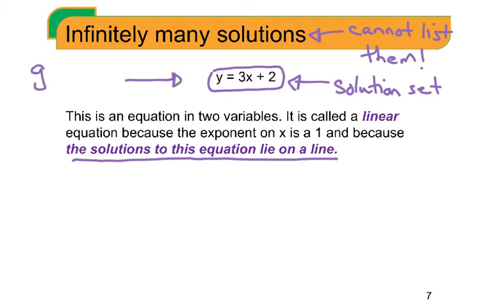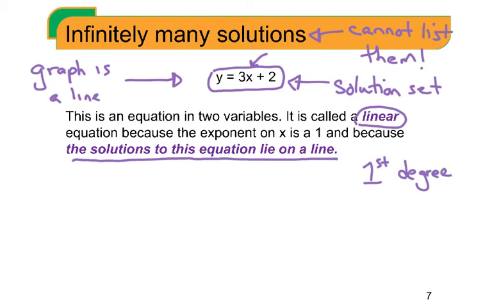The graph is a line. And we call this a linear equation. One reason is because the exponent on x is a 1. It's a first degree polynomial. And another reason is because the graph of the solution set is a line.